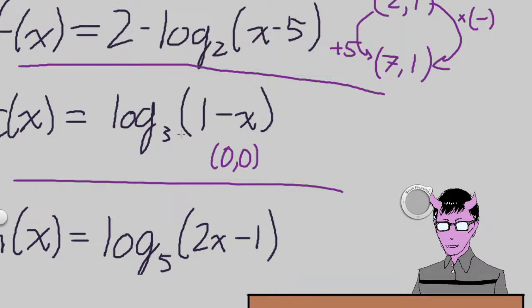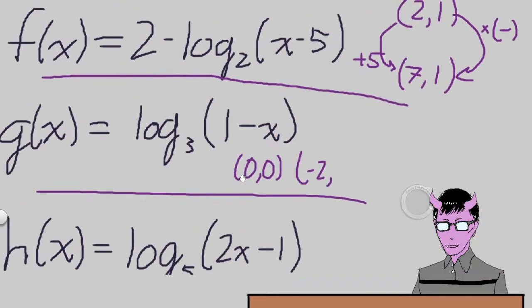And then anchor point number 2, we're going to force the entire thing here to be equal to 3. So that forces x to be negative 2. So if x is negative 2, this whole thing becomes 3. If that whole thing is 3, then this whole thing becomes 1. So those are my 2 anchor points.